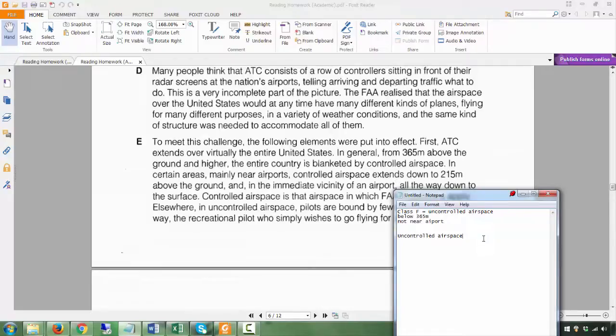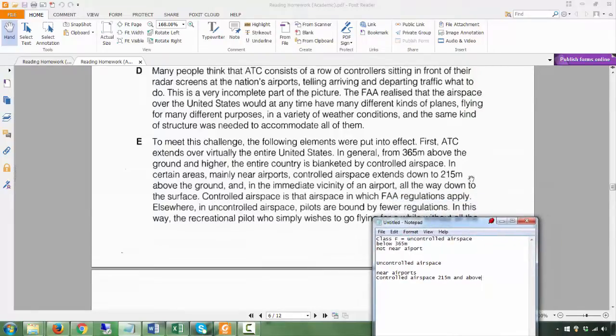So basically, it says here, near airports, controlled airspace 250 meters and above, okay, 200 meters and above, right? This is for controlled airspace near airports, but here you're talking about not near airports.